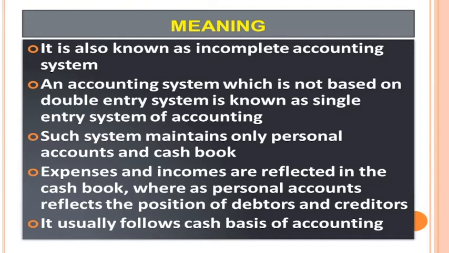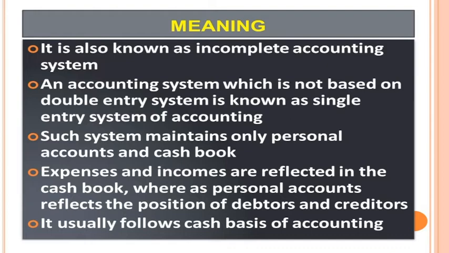So this is not dependent upon double entry rules and regulations. This system maintains only personal accounts and cash book. Exactly. Okay. So personal accounts and cash book, some real accounts, they don't follow the nominal accounts. They prepare only personal accounts as well as the cash book, that's all.